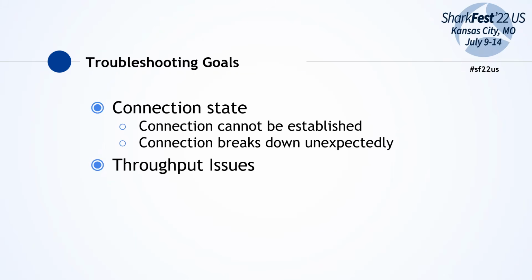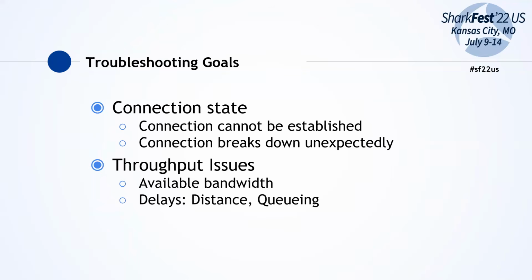The other thing, and that is something we're not going to look at today that much, is throughput issues. So if a connection is working, but it's not as fast as you want it to be, it could be a couple of things. For example, the available bandwidth is not high enough. That would be an easy one. Where it gets more complicated is if you're tracking down delays caused by distance, because even though electrical signals are quite fast, they're 2/3 of light speed.